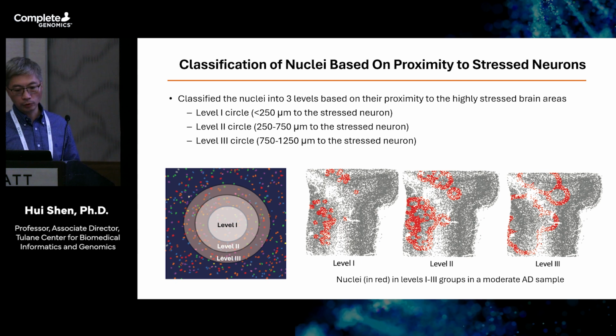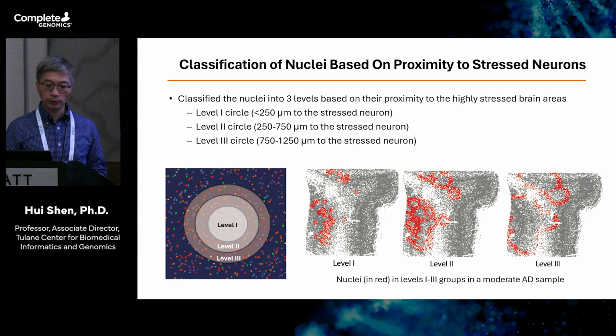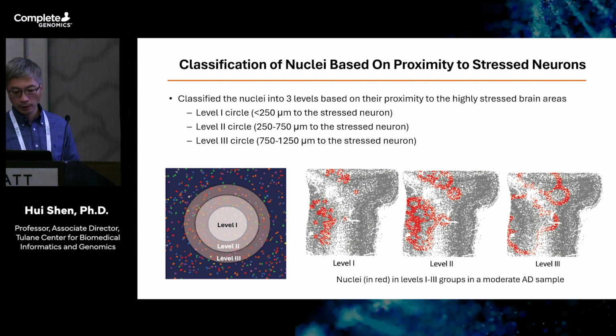Level 2 is the area between 250 to 750 microns, and 750 to 1250 microns is considered level 3. And here is one example in a moderate AD sample. The red dots represent the nuclei at the different levels, 1, 2, and 3, and their locations.